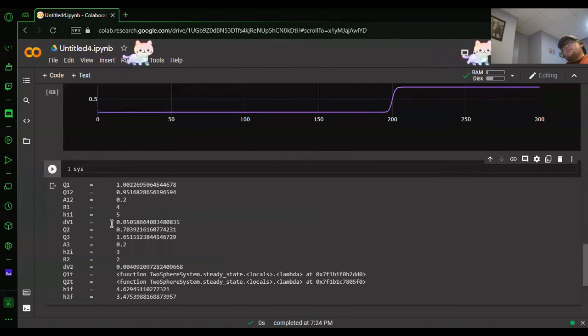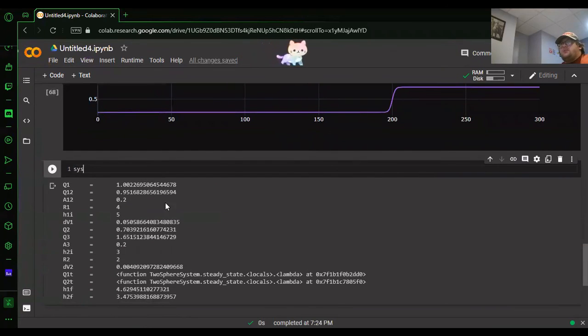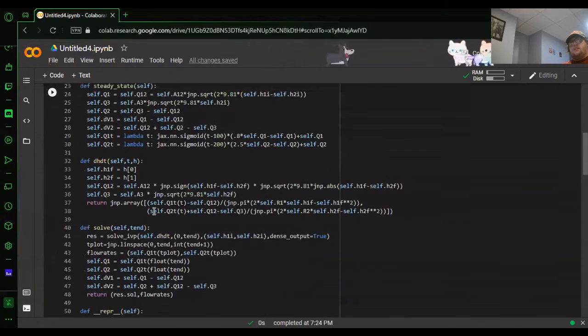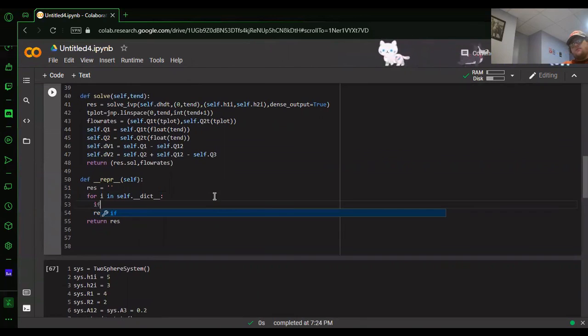All right, gonna go back to our sys thing. And we have Q1, which is correct with our graph. Got Q12, A12, still the same. Got all our values. Now all I'm gonna do is just take out these two and we'll be done. So here, Q1T.